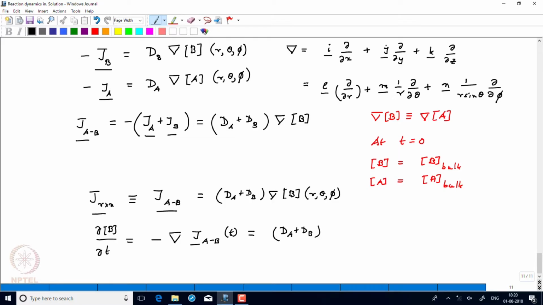Now J itself, as you can see in the earlier expression, is a gradient of B. So it will now be del square of B of r, theta and phi.